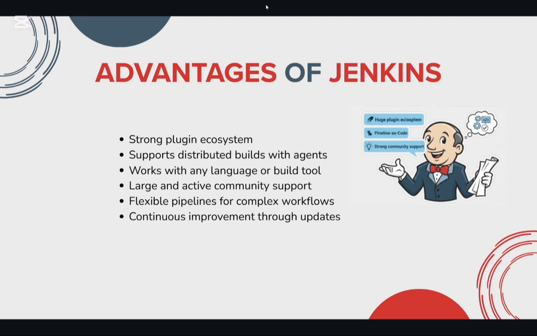The Jenkins community is large and active, which means continuous improvements, frequent updates, and strong support. Its flexible pipelines allow teams to design complex workflows, from simple builds to multi-stage deployments. These capabilities make Jenkins one of the most powerful CI tools in the industry.